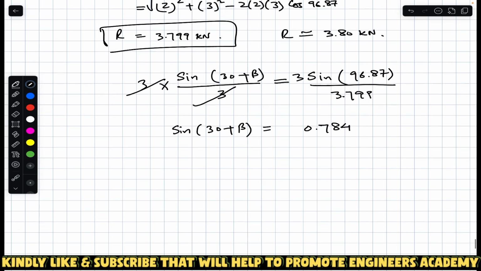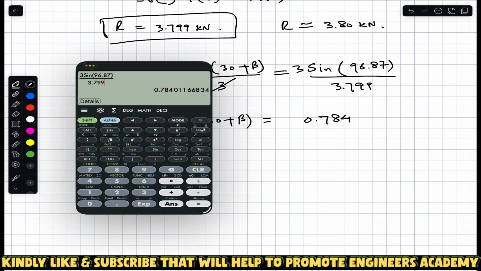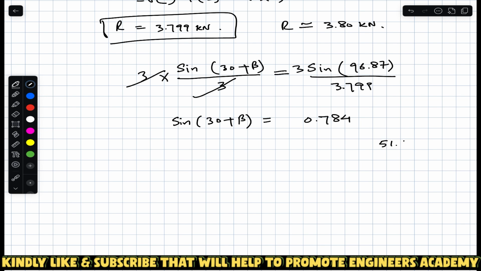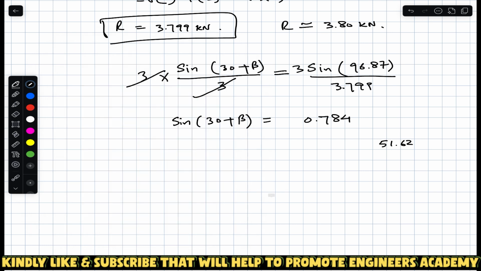Now if I take sine inverse of 0.784, you can see, shift sine inverse of the answer is 51.629 degrees.